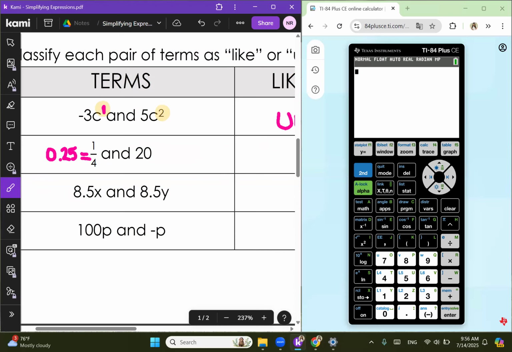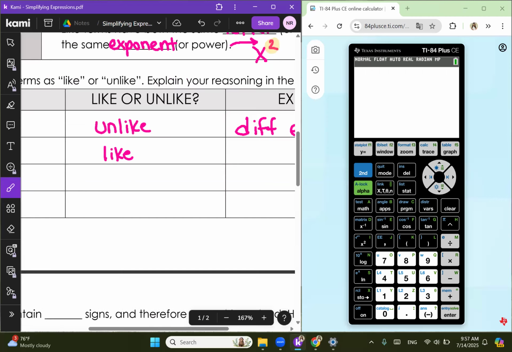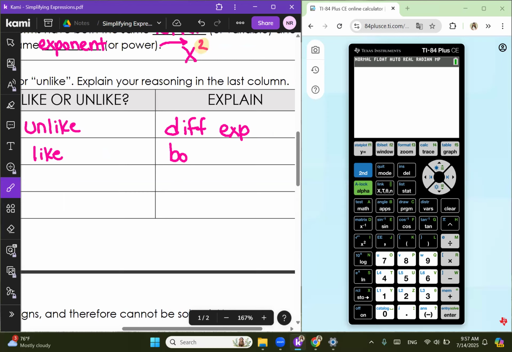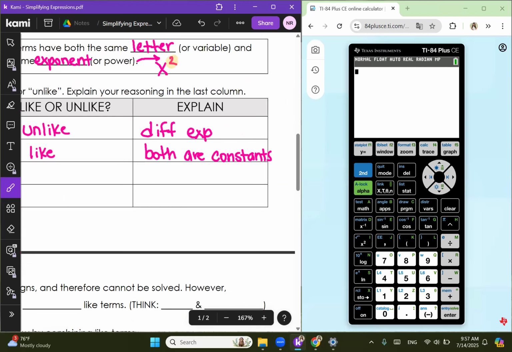Yes, they are like terms. Okay, they are both constants.